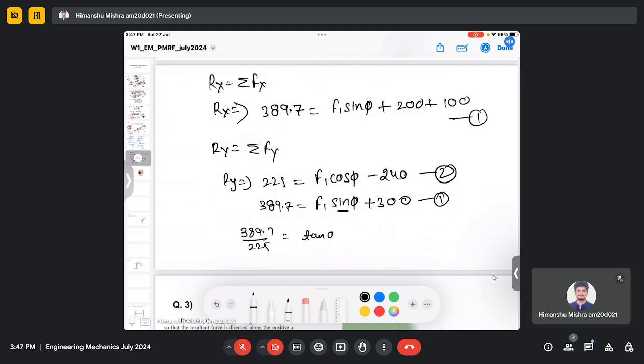It will be tan phi, and F1 will get cancelled, plus 300 minus 240.